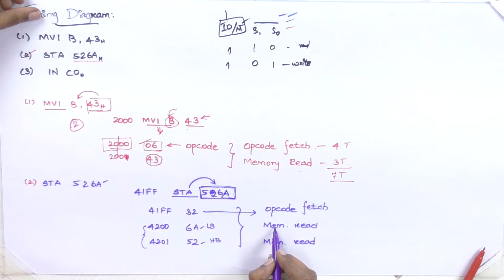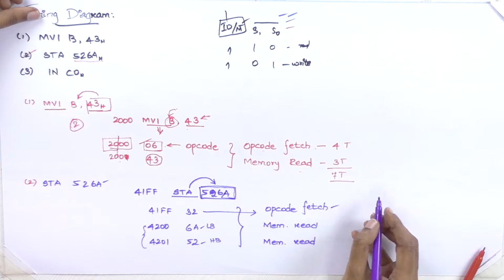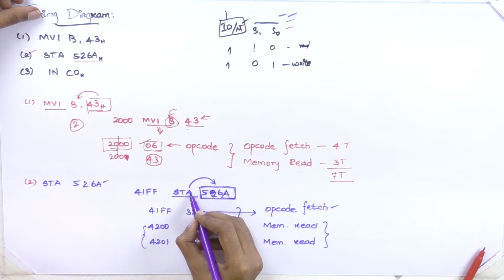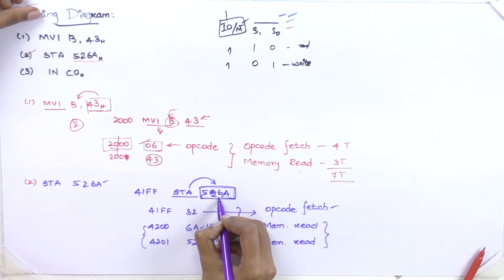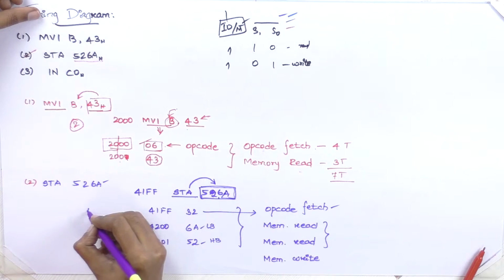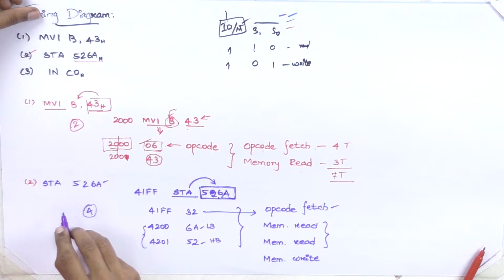So to read this you require a memory read, and to read that you require another memory read. Okay, so now you know the operation, you know the memory address. What is the next thing you have to perform? The value in the accumulator should be written into this memory location 5268. This operation is memory write because you are going to write the value into a memory location. So as a whole, this instruction requires 4 machine cycles.